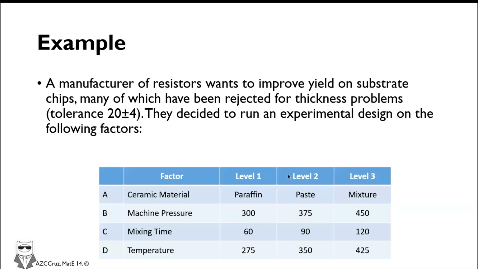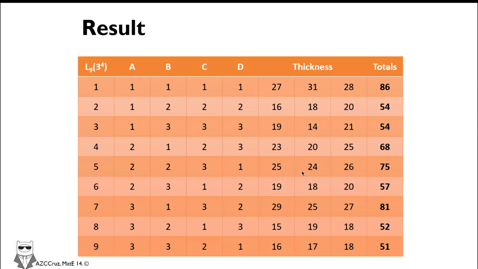Okay? Pag sinabi namang control factor, siya yung nagre-reduce ng variations. So for example, ito 27, 31, 28 for the same settings, ganito yung naging variation niya. So you'll have to do statistical analysis to determine it. Pero just by looking at it, parang 27, 31 and 28 medyo okay naman.